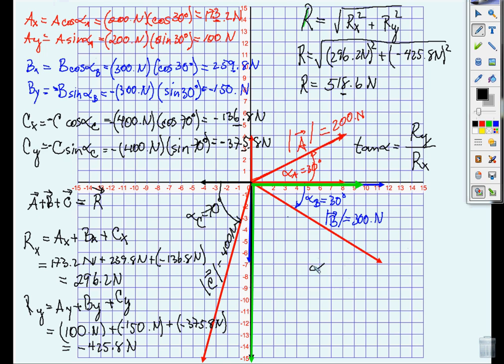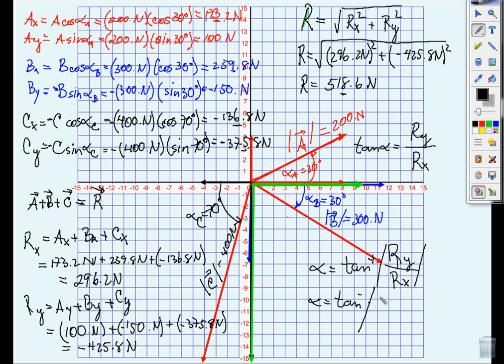So my reference angle then is going to be equal to the inverse tangent of my component in y divided by component in x, and I'm going to do absolute value for that.